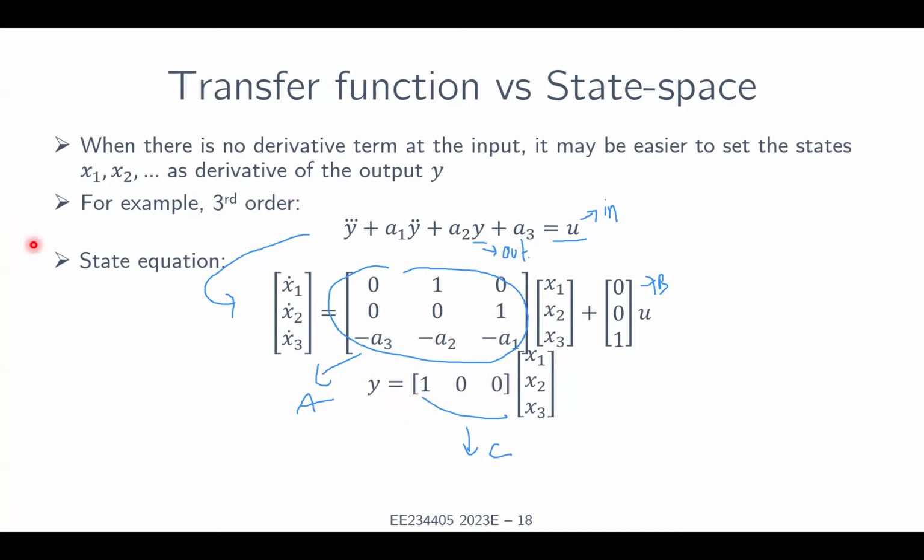So let's say y is x1, which means we could convert this into x1 triple dot plus a1 x1 double dot, plus a2 x1 dot plus a3 x1 equals u, right?